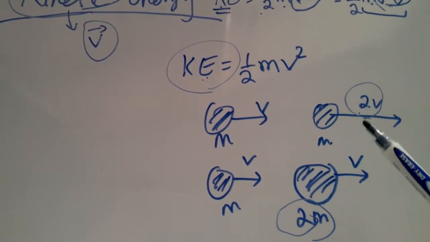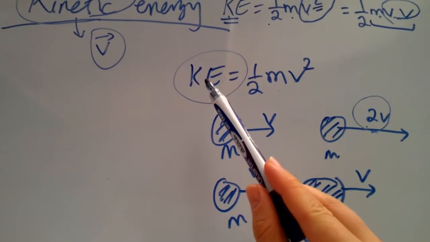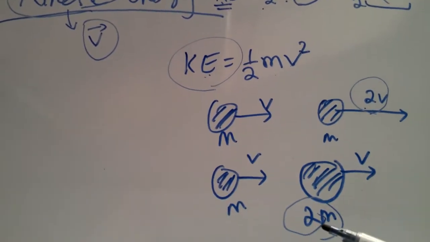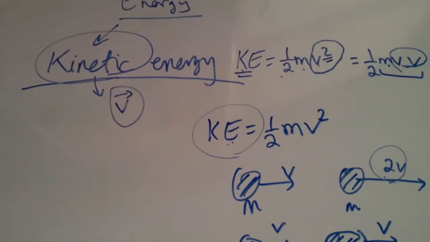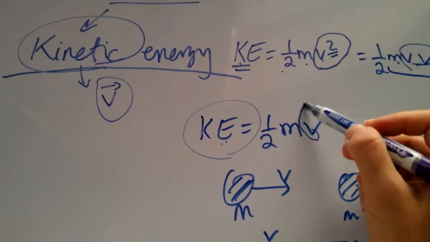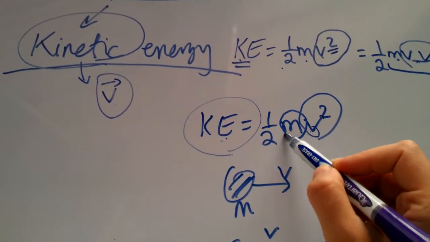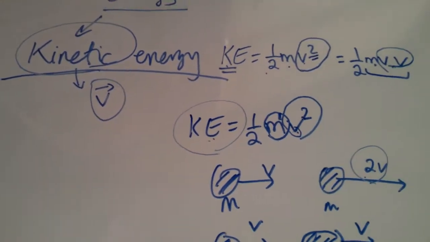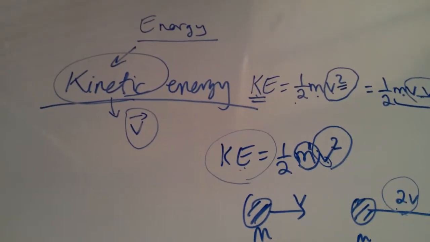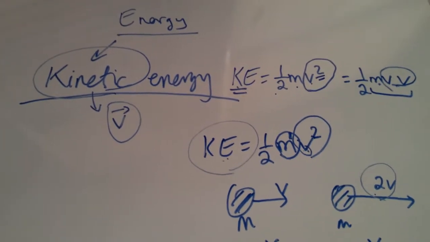If you double your velocity, your kinetic energy gets 4 times bigger, and if you double your mass, your kinetic energy gets doubled. The reason is that it's v squared, but only m. So m has a power of 1 and velocity has a power of 2. Velocity weighs much more in terms of kinetic energy.